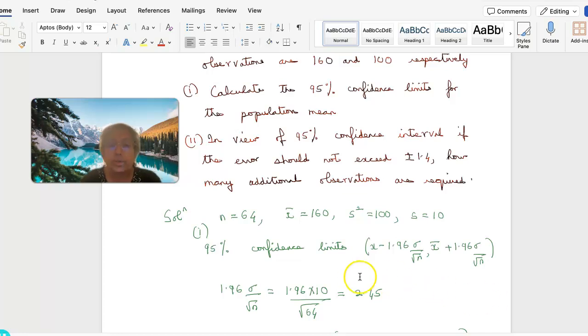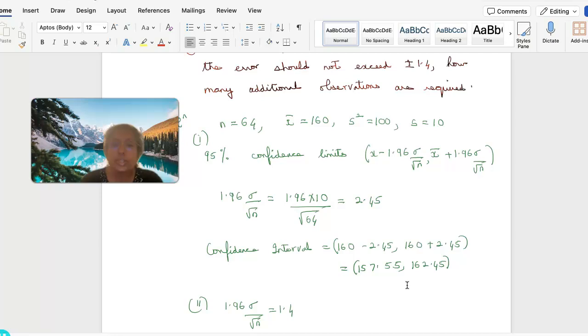The 95% confidence limit is given by x bar minus 1.96 sigma by root n, x bar plus 1.96 sigma by root n. 1.96 sigma by root n will be 1.96 into 10 by root 64, which is 2.45. So your confidence interval will be 160 minus 2.45, 160 plus 2.45, which is 157.55 and 162.45.